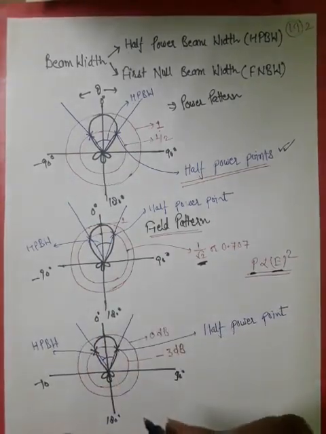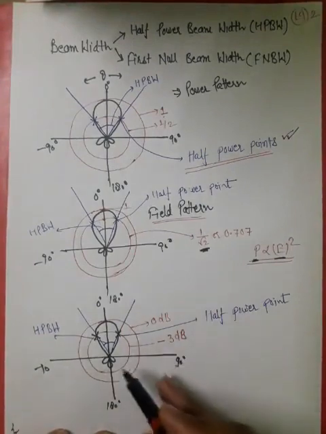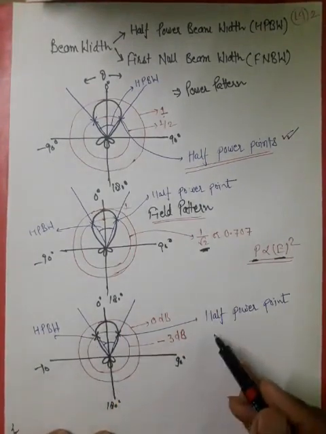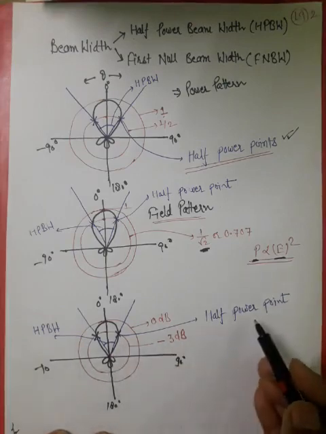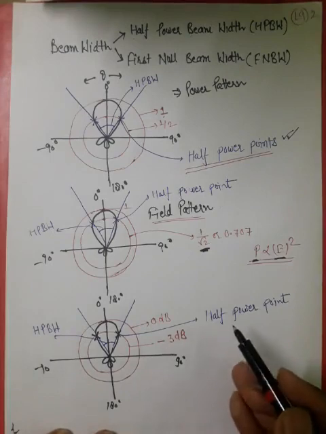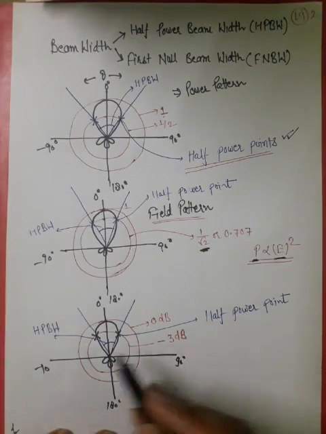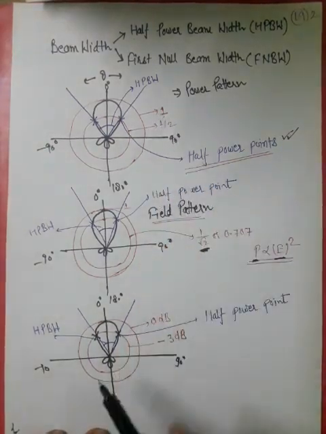In this case, a circle representing 1 upon root 2 or 0.707 indicates the half power point. Similarly, when we have a radiation pattern with dB values, it is again a power pattern, but now with dB values. If you take 10 log of 1, you will have 0.